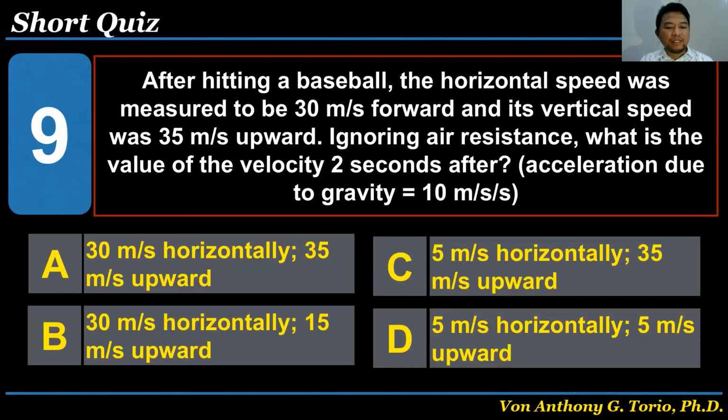A, 30 meters per second horizontally, 35 meters per second upward. Letter B, 30 meters per second horizontally, 15 meters per second upward. Letter C, 5 meters per second horizontally, 35 meters per second upward. Or letter D, 5 meters per second horizontally, 5 meters per second upward.